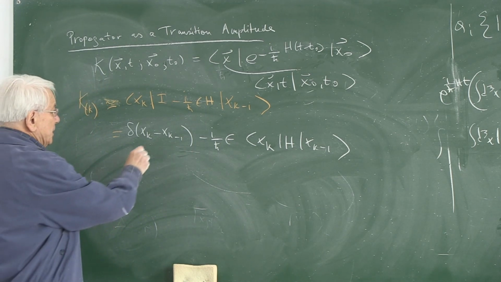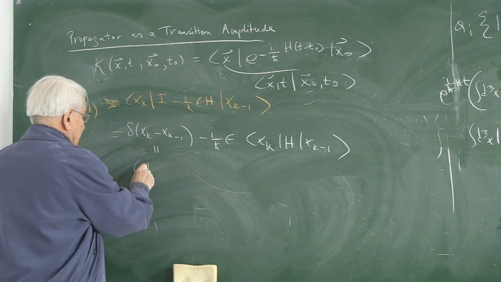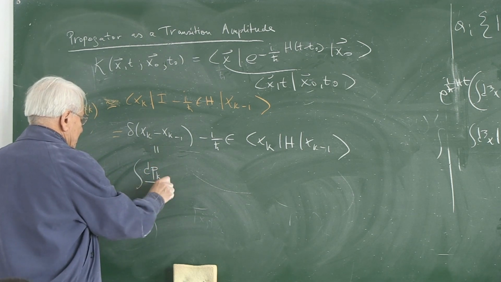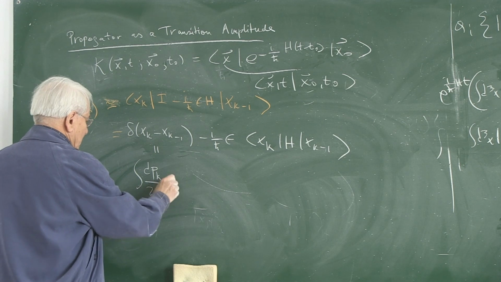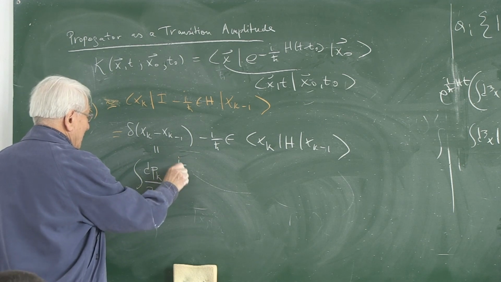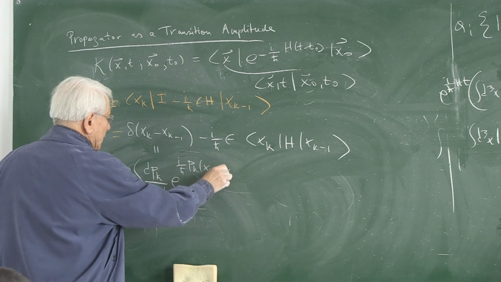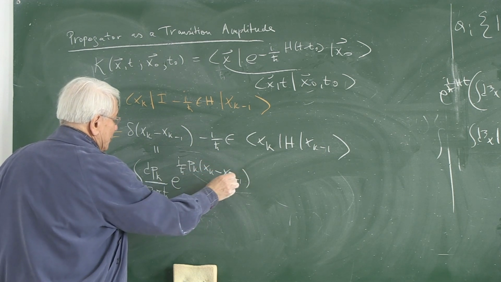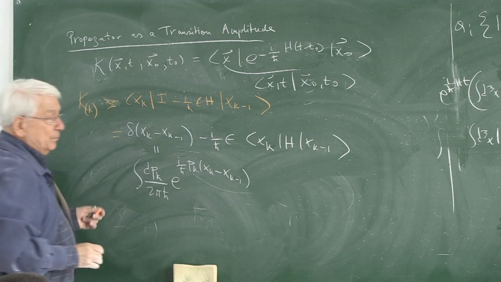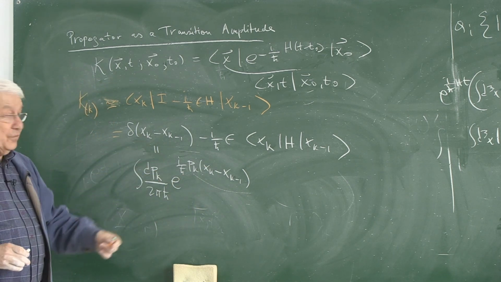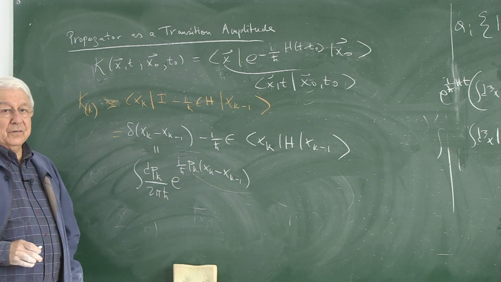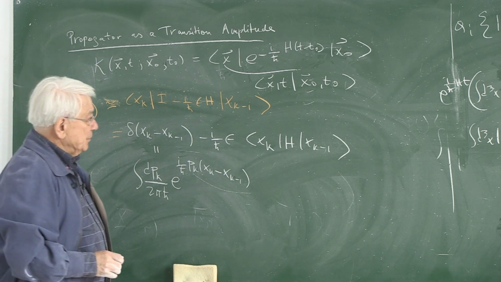I can rewrite it in the following fashion, using the famous representation of the Dirac delta. You realize where I am moving now. This delta is written in one of the famous representations of the Dirac delta.